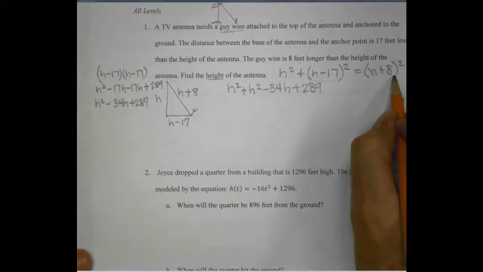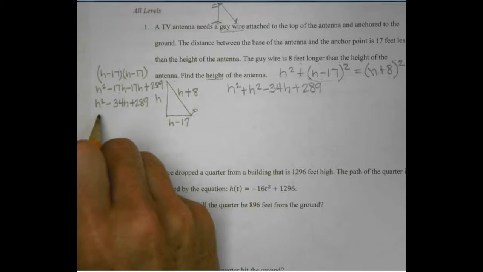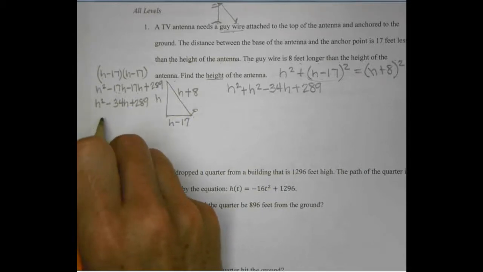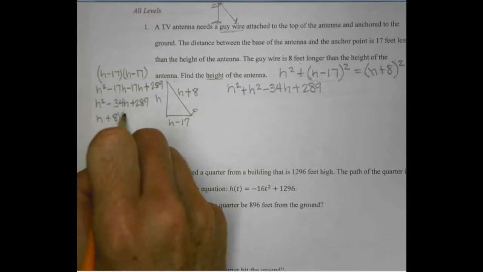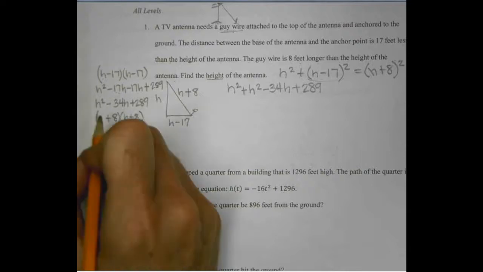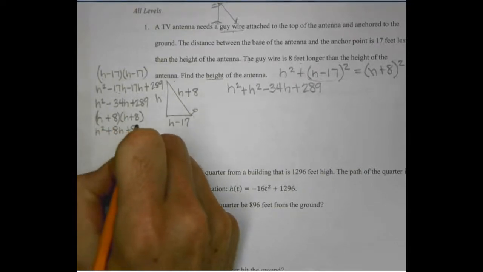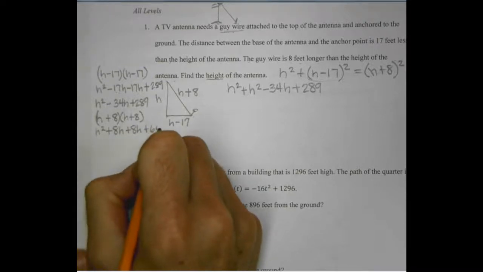Now on the right hand side I have h plus 8 quantity squared. So back over here in my scratch area I have h plus 8 times itself, and that gives me h squared plus 8h plus 8h plus 64.